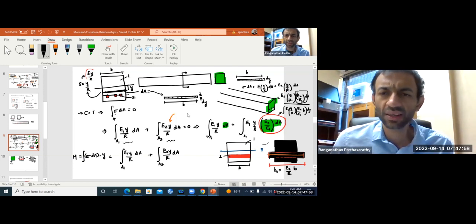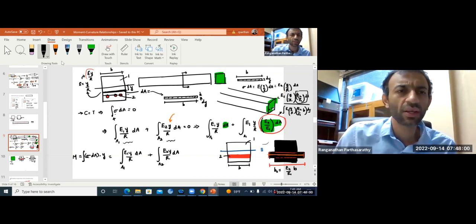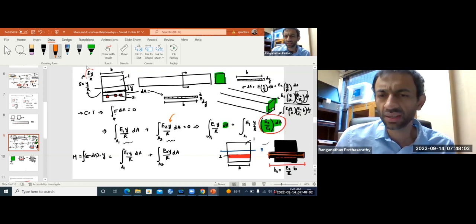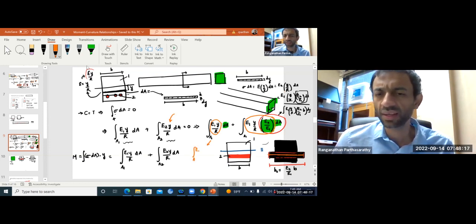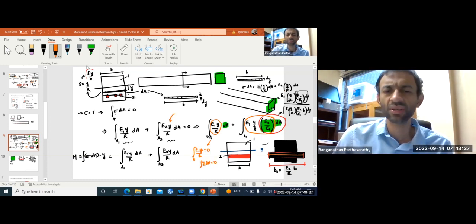So what that allowed you to do is, now you can see that in the transformed beam, everything is integrated over the same material E1. So all this now still boils down to the integral over the whole area of E1 y over r dA. So now you can take out E1 common. You still have integral y dA is 0, so the neutral axis is the same as the centroidal axis.